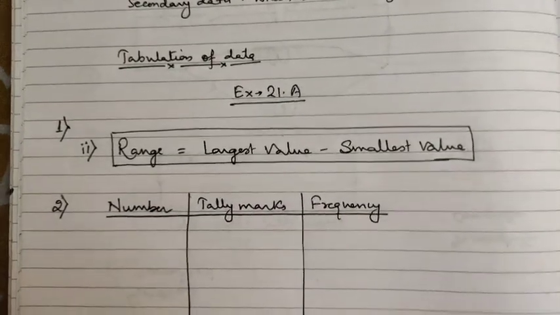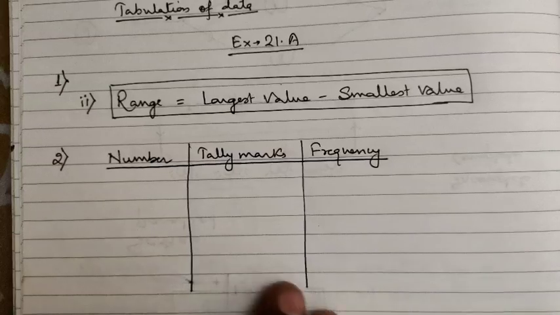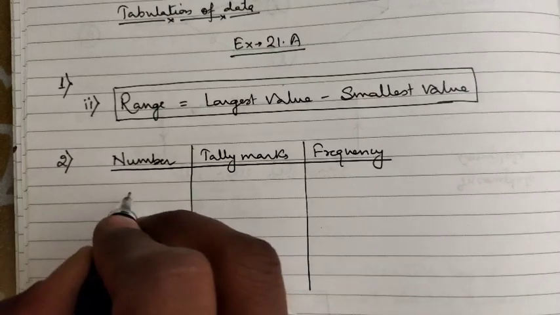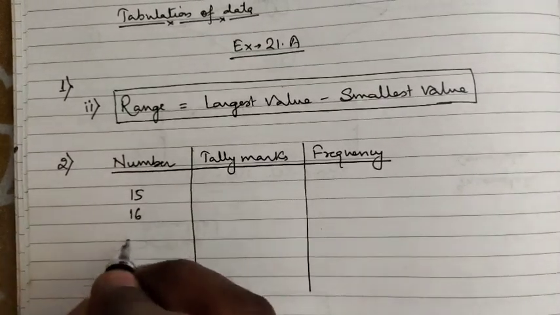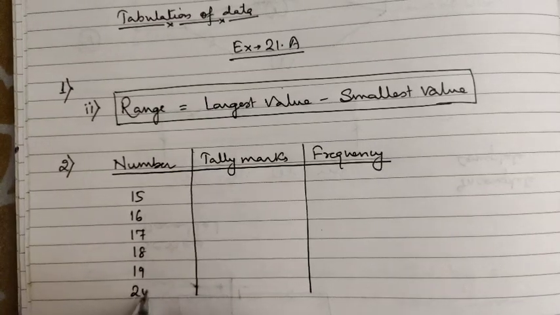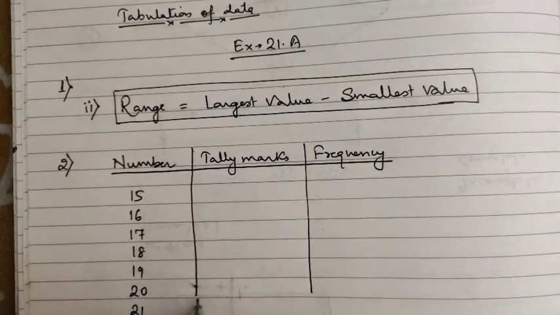In the data given in our book, it starts from 15, 16, 17, 18, 19, 20 and 21. This much data is given.